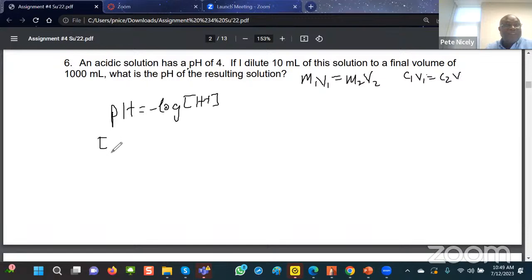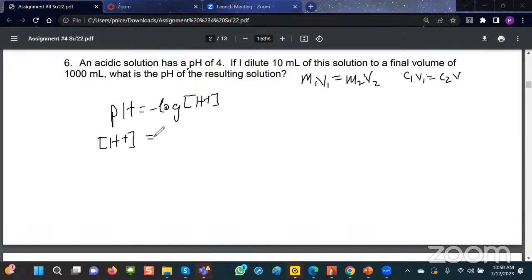But what you want to find is the concentration of H plus. So what is that equal to? Can anybody tell me? If the pH is equal to minus log of H plus, then what is the concentration of H plus equal to?